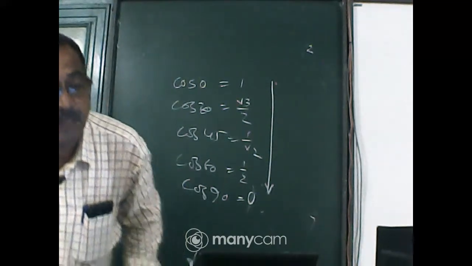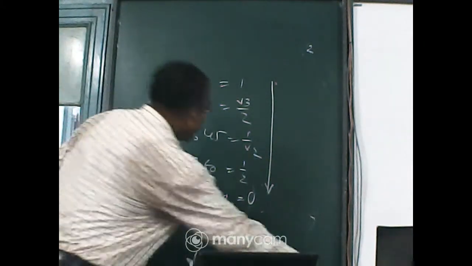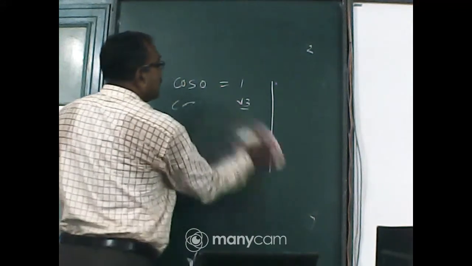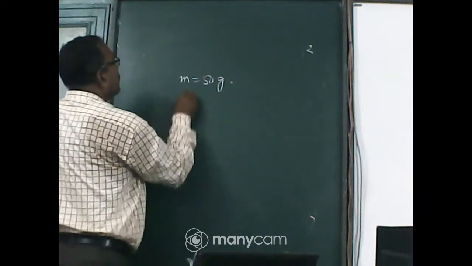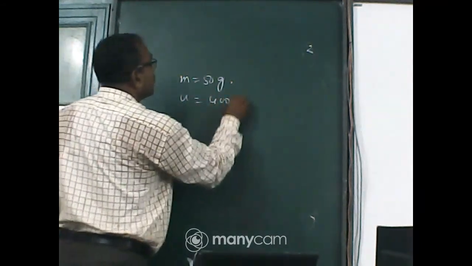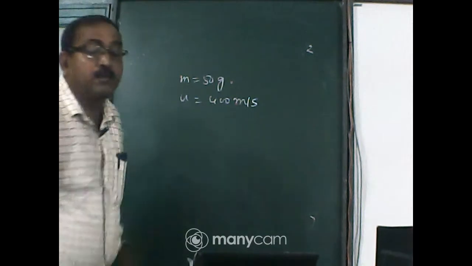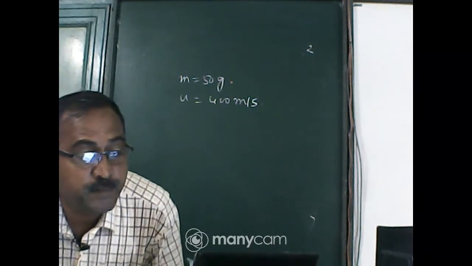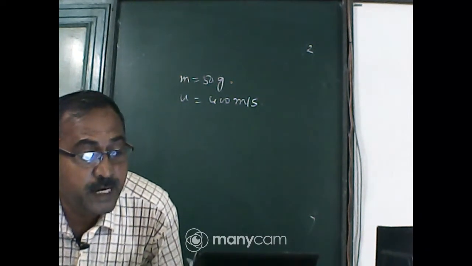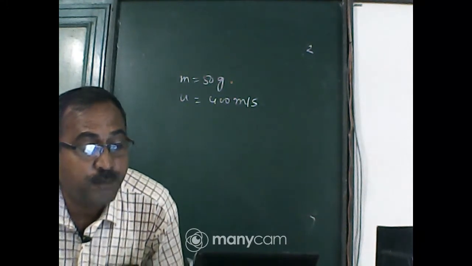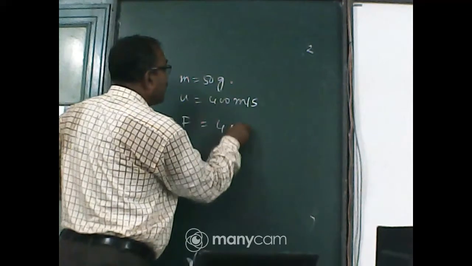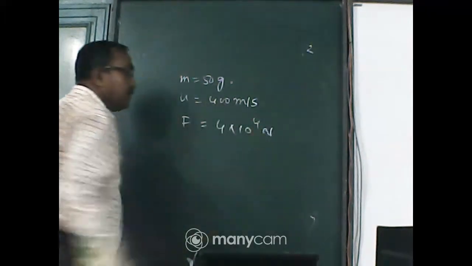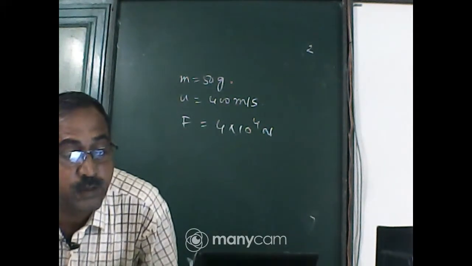A 50-gram bullet traveling with the initial velocity 400 penetrates into a wall with an average force of 4 into 10 to the power 4 Newton.